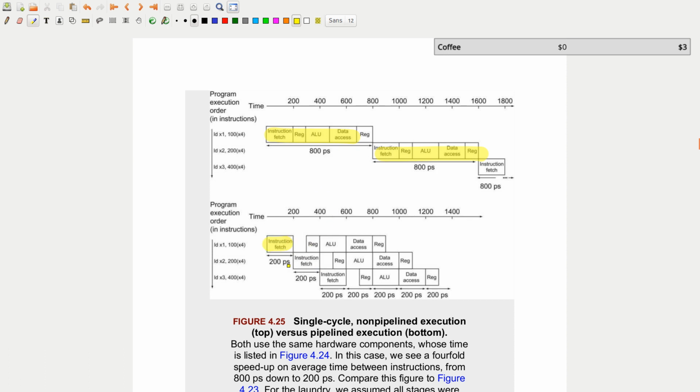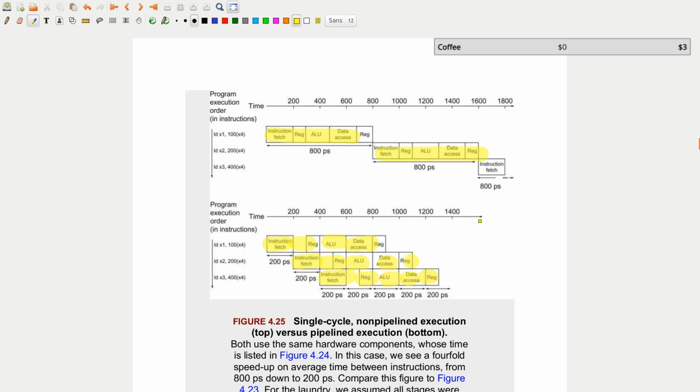We just do the instruction fetch on the next clock cycle, while this instruction is reading the registers. The next instruction will be doing a fetch. In the next cycle, while this is calculating some address, the next instruction is getting the address out of the registers, and the next instruction is doing the fetch, and then they all end up finishing off eventually.